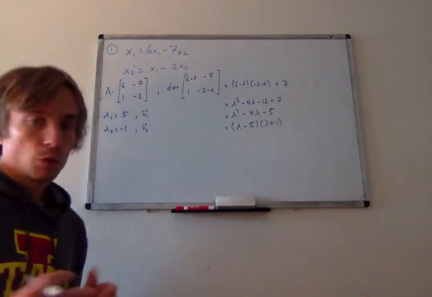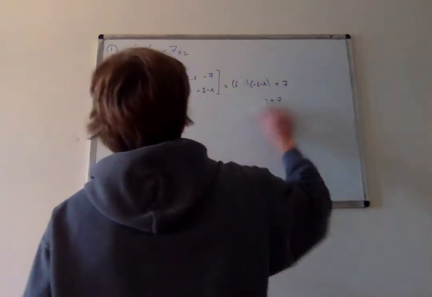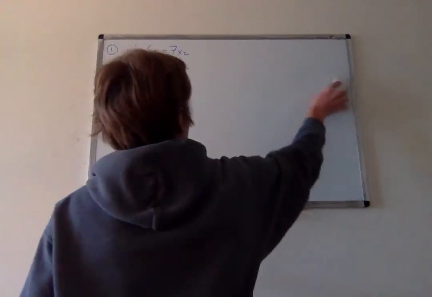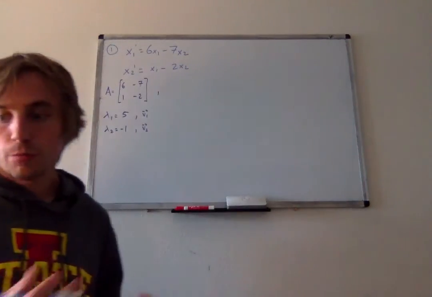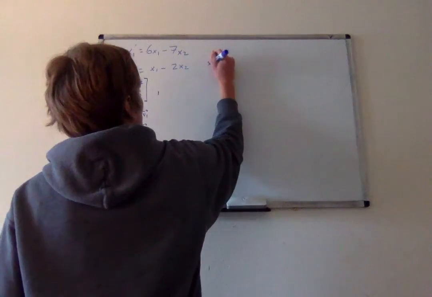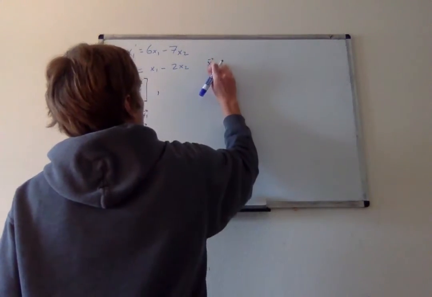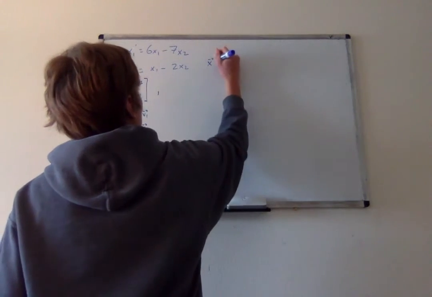and lambda 2, respectively. And so remember, now that we've found these eigenvalues, a general form for our solution will look like the following.